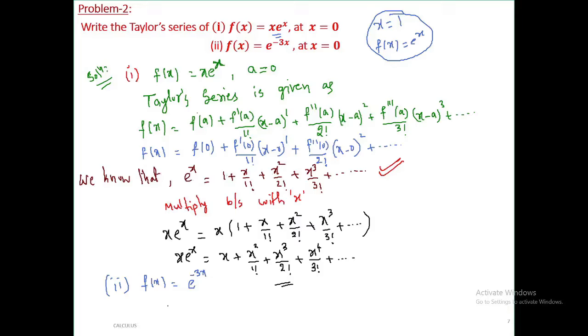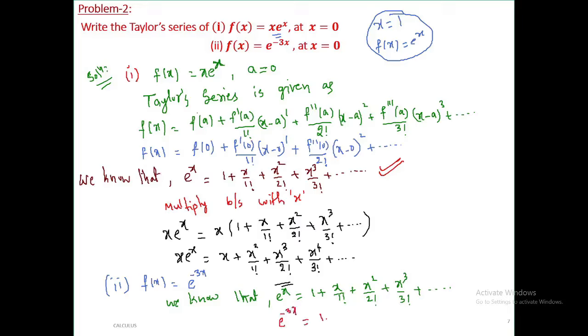So that you write, we know that e power x is equal to 1 plus x power 1 by 1 factorial plus x power 2 by 2 factorial, right, plus x power 3 by 3 factorial, right, plus up to so on.